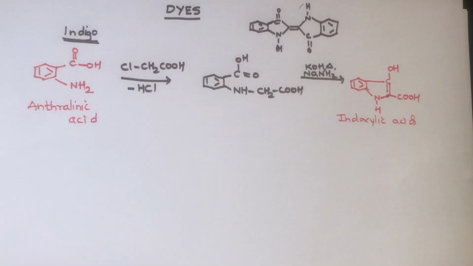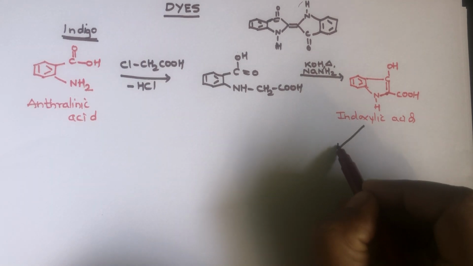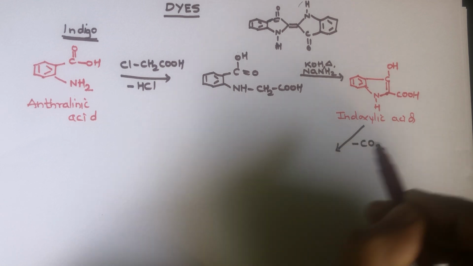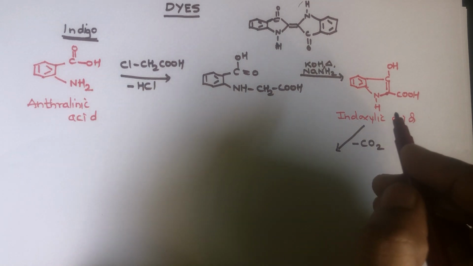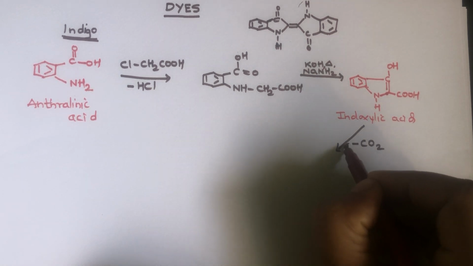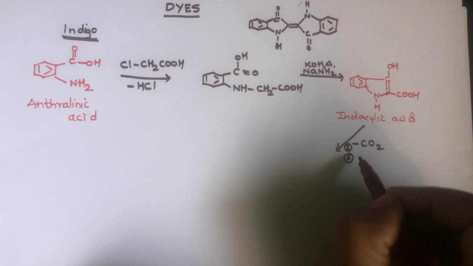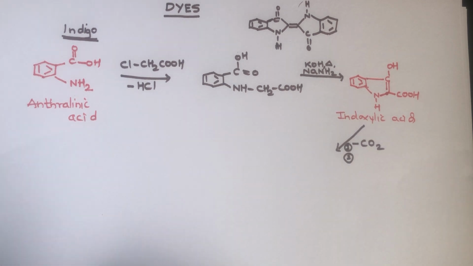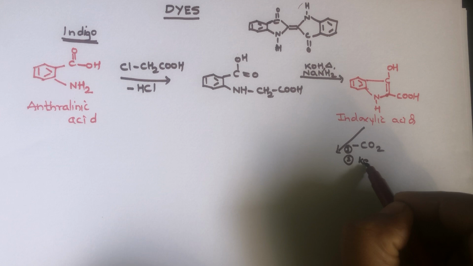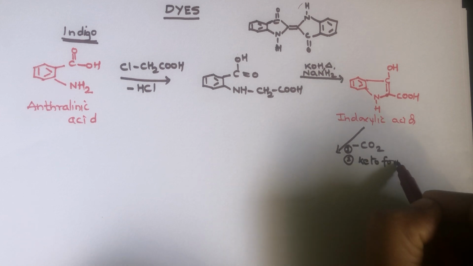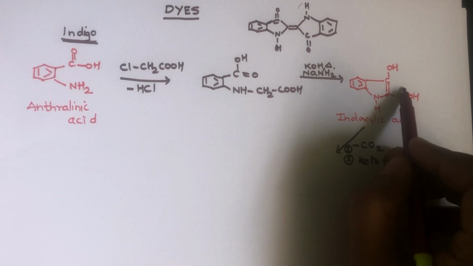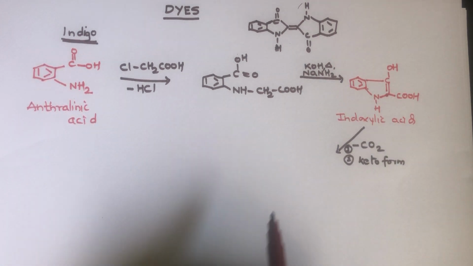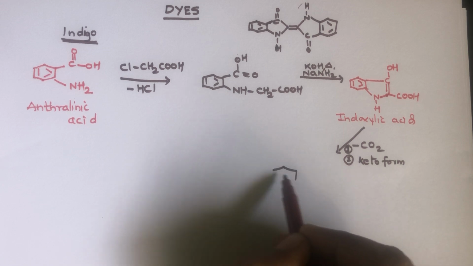Now, this indoxylic acid undergoes decarboxylation, and then it ketonizes. That means it gets converted into its keto form. So hope you know what a keto form and enol form are. First it undergoes decarboxylation, that means loss of carbon dioxide. CO2 goes off from here, so you get this compound.